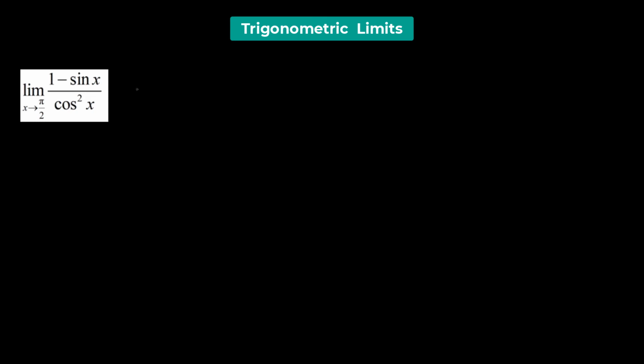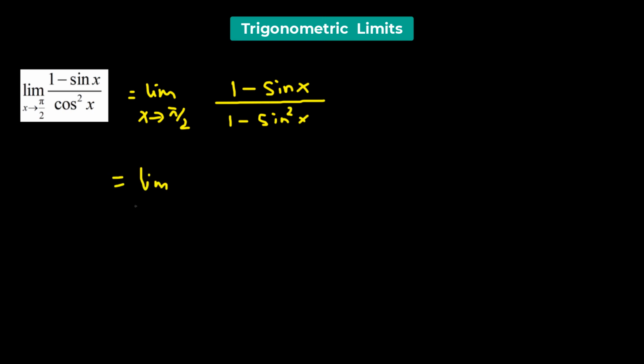So going in a similar fashion, we have limit x tending to pi over 2. So we have 1 minus sine of x, because cos squared x will be equivalent to 1 minus sine squared x, which will be equal to limit x approaching pi over 2 of 1 minus sine x divided by 1 minus sine x times 1 plus sine of x.